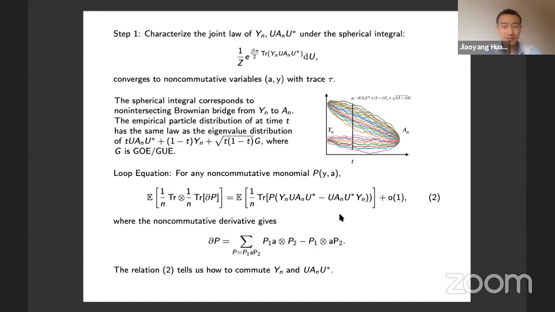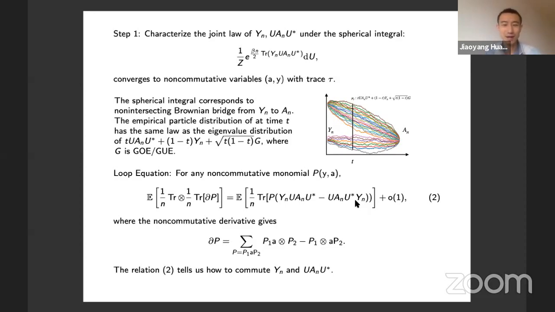So imagine if you have any polynomial in terms of Yn and U(an) U star, you can repeatedly use this relation to commute Yn and U(an) U star, and then you will reduce it to some expression which has Yn coming first, then U(an) U star.